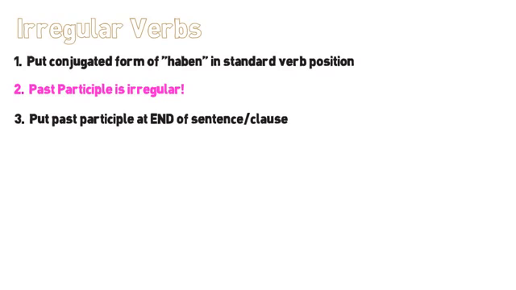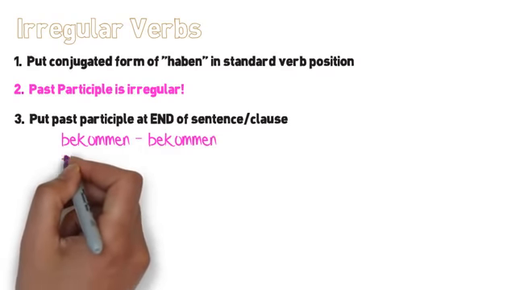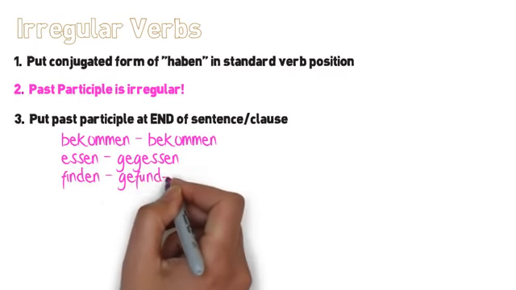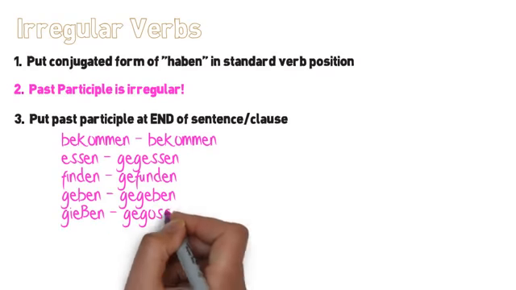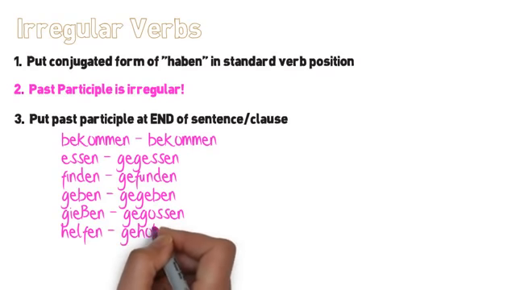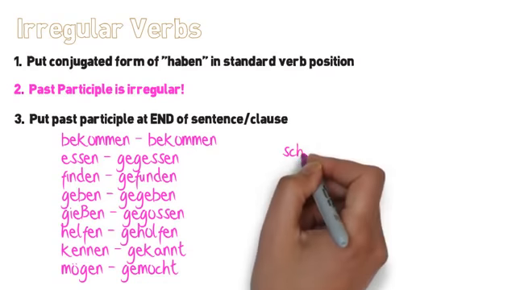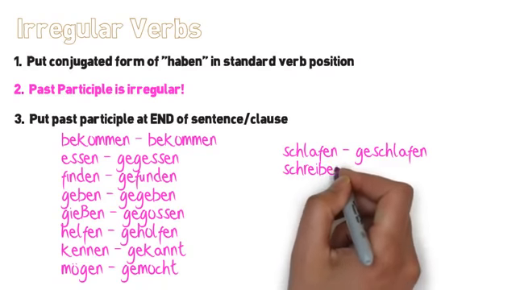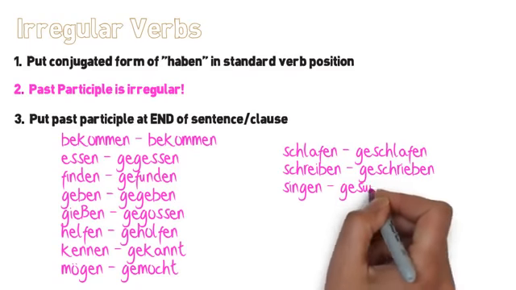Here are some verbs you will have encountered so far, listed with their irregular past participles. Bekommen becomes bekommen, essen becomes gegessen, finden becomes gefunden as a past participle, geben goes to gegeben, gießen goes to gegossen in the past tense, helfen becomes geholfen, kennen becomes gekannt, mögen becomes gemocht, notice the G has changed to a CH, schlafen becomes geschlafen, schreiben becomes geschrieben by reversing the order of E and I, singen becomes gesungen.